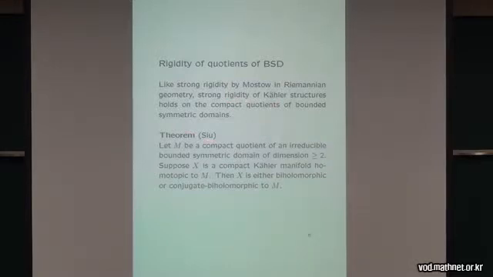So Siu proved that M is a compact quotient of an irreducible bounded symmetric domain, and of course we exclude Riemann surfaces, so the dimension is greater than 2. Then the complex structure of X is determined by homotopy type. So if X is homotopic to M, then their complex structure is the same or just conjugate.